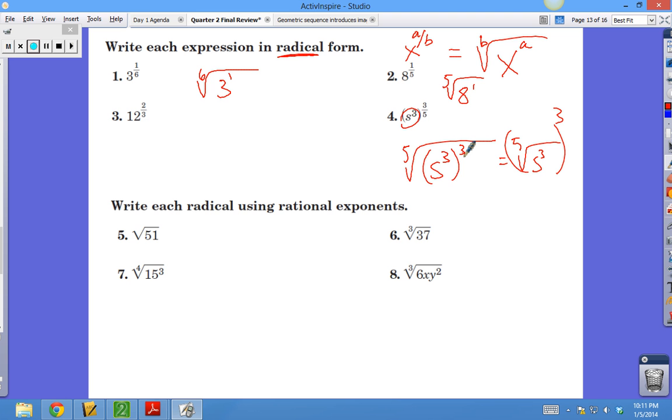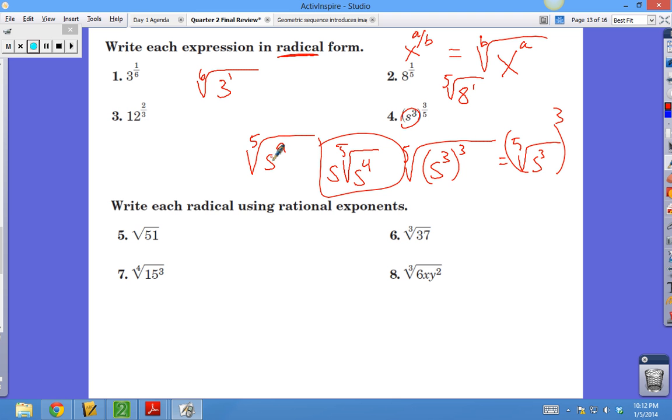S cubed cubed, that's the same thing as S to the 9th. And because it's a 5th root, I can pull out 5 or more. So how many 5s are in 9? There's 1. So I can pull one of these S's out, and 4 of them stay in. And this is a good answer.